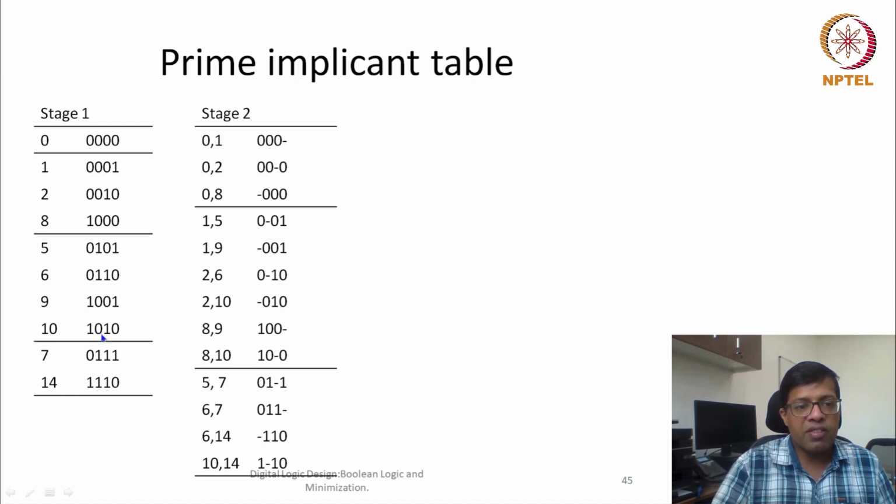If I compare 5 and 7, 0 1 0 1 and 0 1 1 1, you see only this particular variable is different. Otherwise all other variables are the same. So 5 and 7 could be grouped, and we can write it as 0 1 dash 1. And similarly 6 and 7 could be combined, 6 and 14 could be combined, and 10 and 12 could be combined.